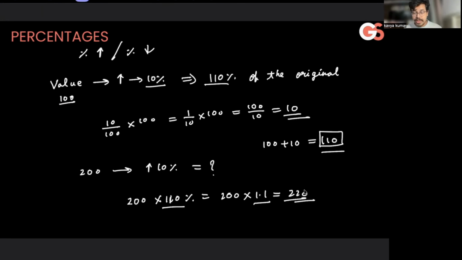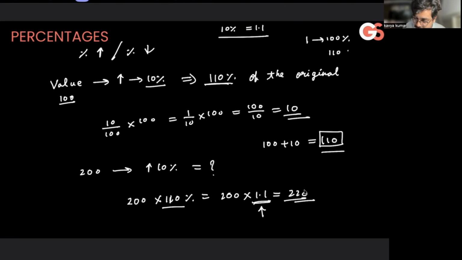How to understand this multiplicative factor? Okay. So let's say there's an increase of 10% and the multiplicative factor has become 1.1. For understanding this, you should recall the concept where I told you one whole is 100%, right? Now the value has become 110%.